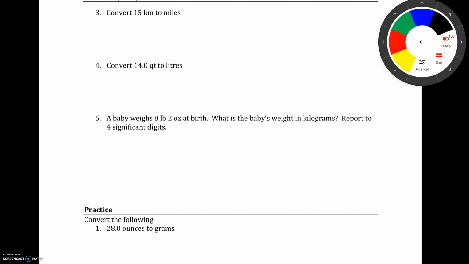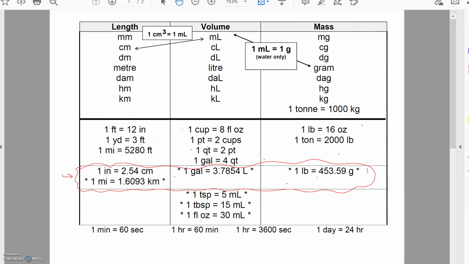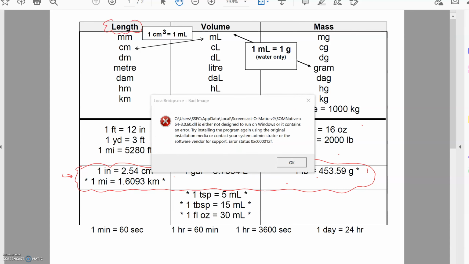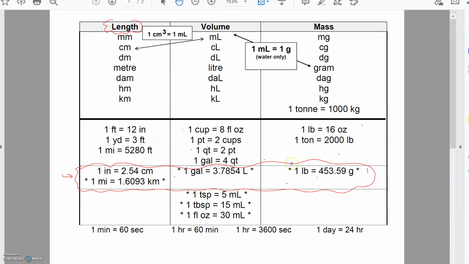3 more examples before we set you off on some practice. Okay, we've got 15 kilometers. I want to convert to miles. I go to my conversion factor. I think about whether it's length, volume, or mass that I'm converting. I'm converting a length, and I'm going between miles and kilometers.